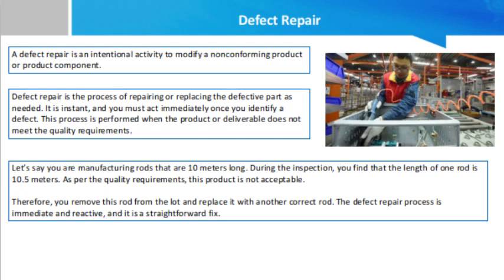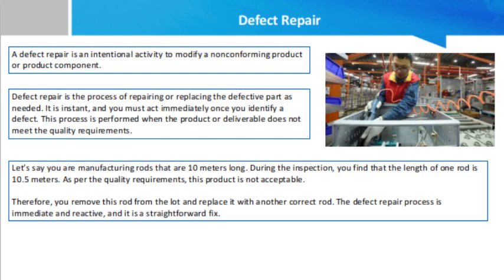A defect repair is an intentional activity to modify a non-conforming product or product component. Defect repair is the process of repairing or replacing the defective part as needed. It is instant and you must act immediately once you identify a defect.